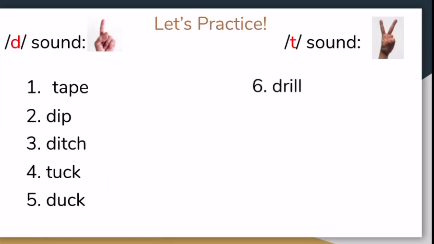Drill. Are you holding up a 1 or a 2? If you have a 1, you're correct. Tin. Are you holding up a 1 or a 2? If you have a 2, you're correct. Dark. Are you holding up a 1 or a 2?